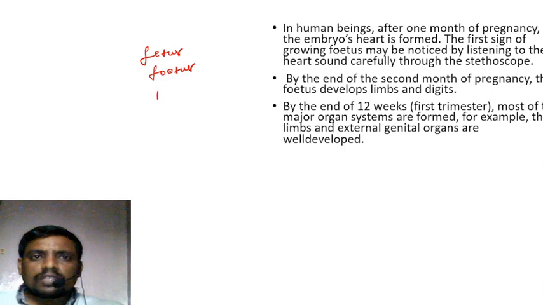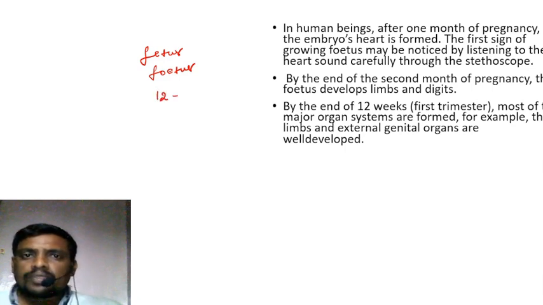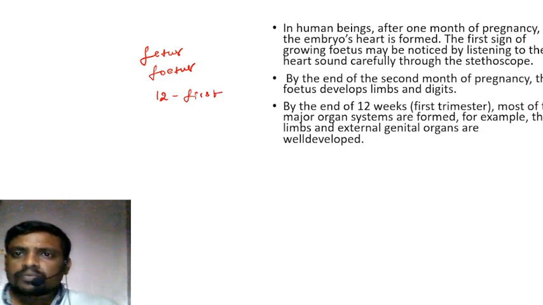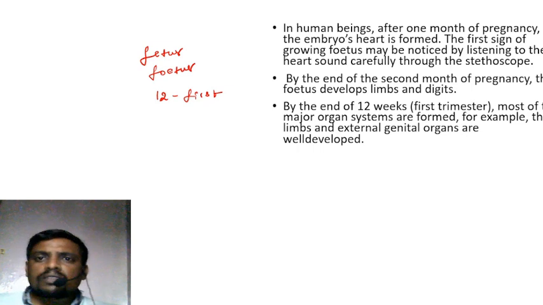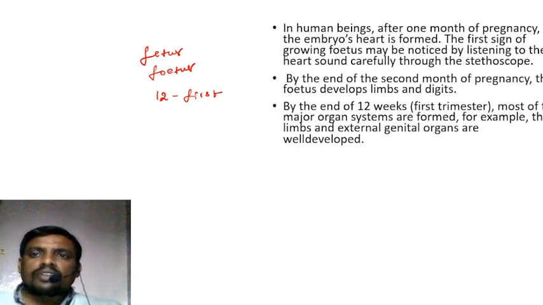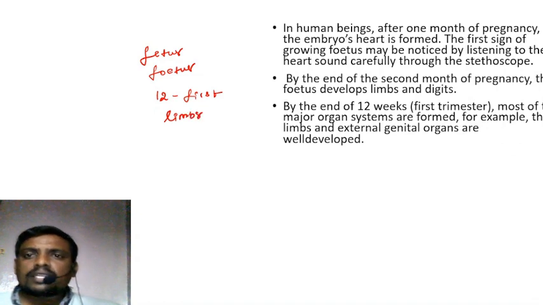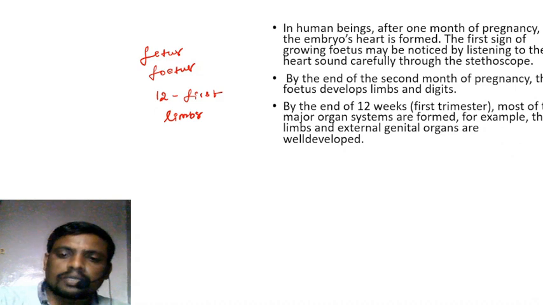By the end of 12th week of pregnancy, or the end of first trimester, most of the major organ systems are formed. For example, the limbs and external genital organs are well developed.